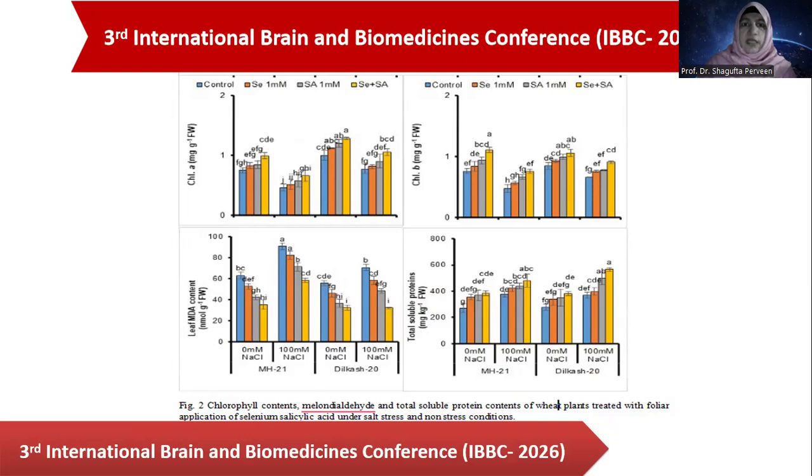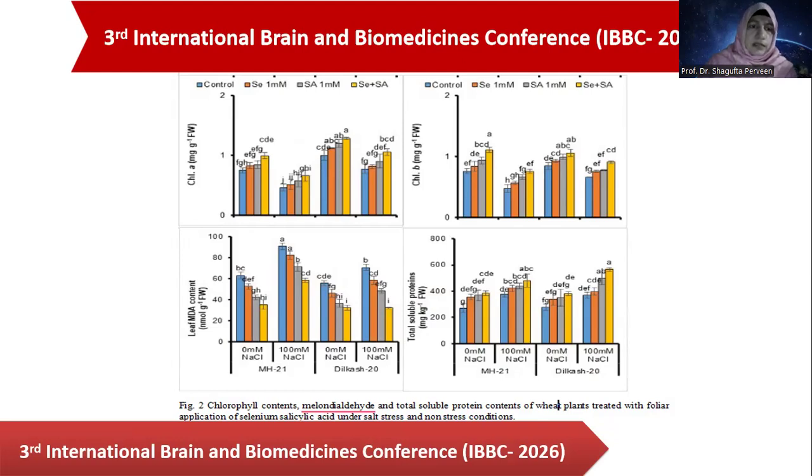photosynthetic pigments. Chlorophyll A and chlorophyll B decreased under salt stress, while the different foliar applications, singly and in combined form, significantly enhanced the chlorophyll A and chlorophyll B contents in both wheat varieties.